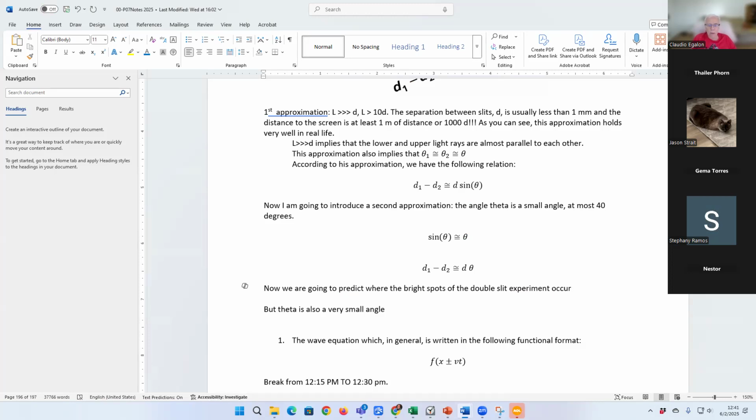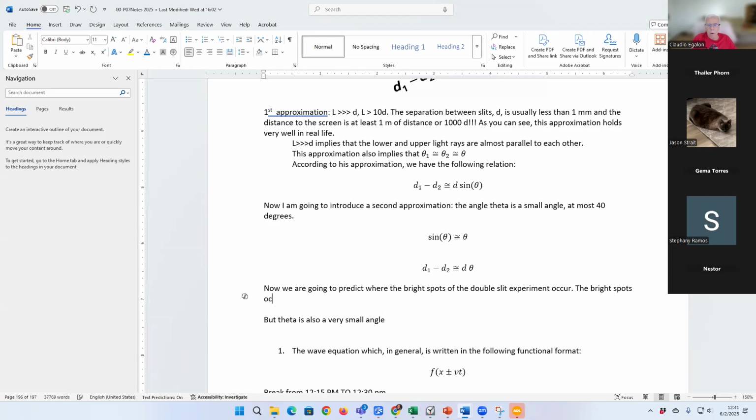The bright spots occur whenever the phase difference between the two light rays is equal to 0, 360 degrees, 720 degrees, etc. Okay?